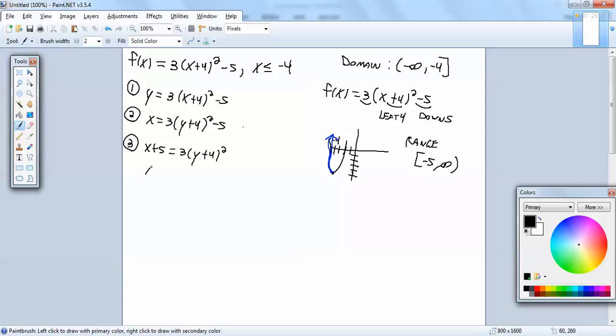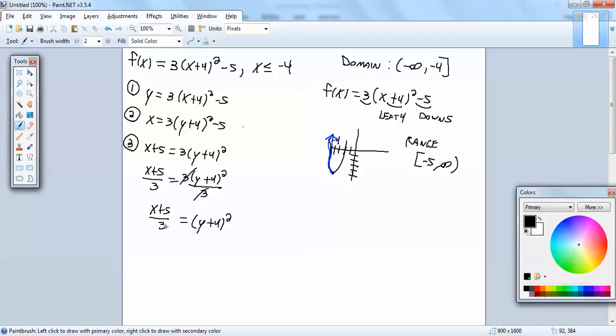I'm going to divide both sides by 3. And those 3's cancel. And we've got (x plus 5) over 3 is equal to (y plus 4) squared.